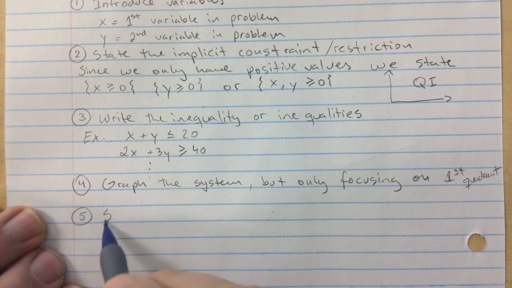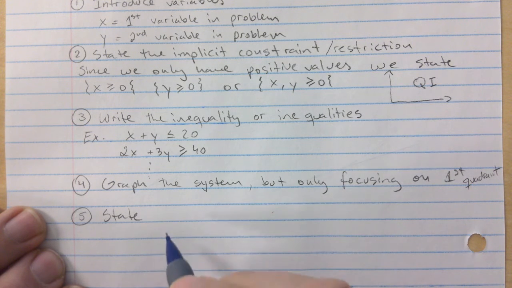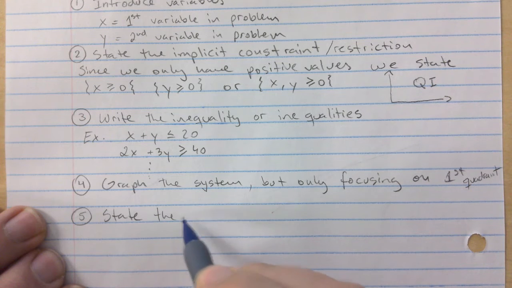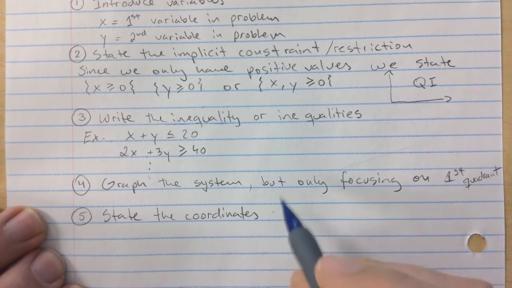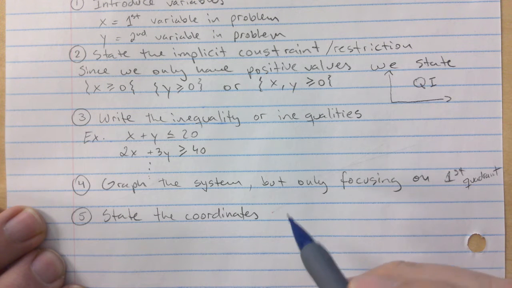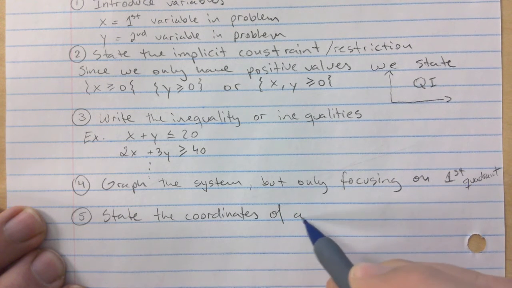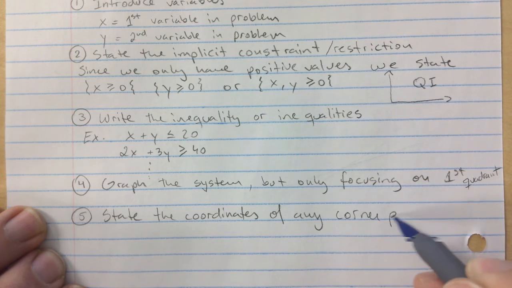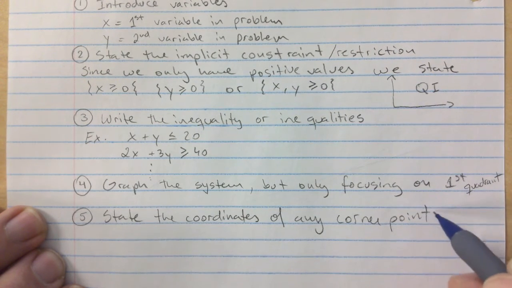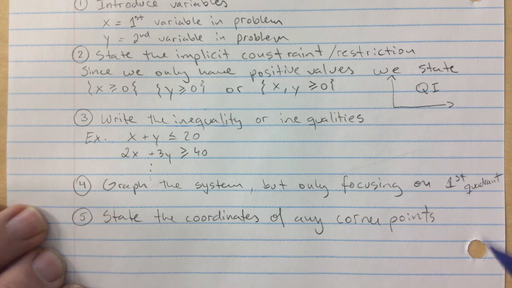Fifth step, state the coordinates of any corner points. Corner point or corner points.